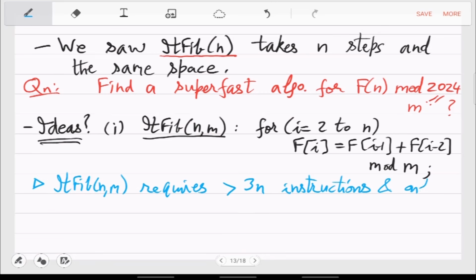And only, so how much space is required for this? How much are you storing? So the array size is n, and each position in the array has to support this value up to m, right? So that is n times log m.